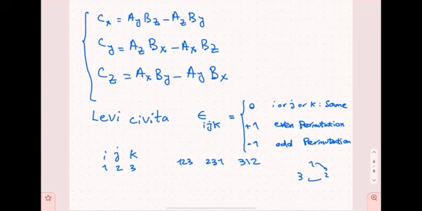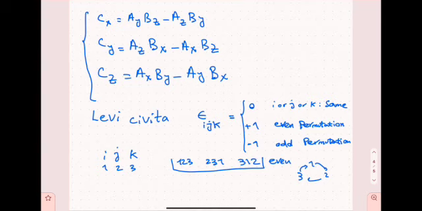So one way I write it for myself, always to remember, is like this. If you go 1, 2, 3, this is an even permutation. Or you go to 2, 3, 1, same. Or 3, 1, 2, same. So these three are even permutations. And the odd permutations would be counterclockwise.